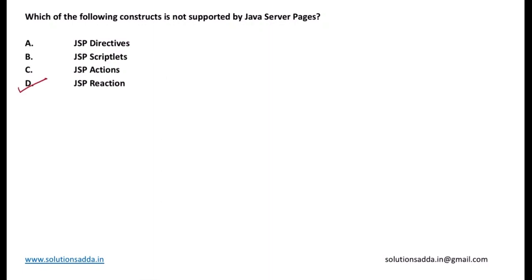JSP directives provide the directions and instructions to the container. JSP scriptlets are the collection of any number of Java language statements, variables, or method declarations. JSP actions control the behavior of the servlet engine. Hence, the correct answer is option D, JSP reaction.